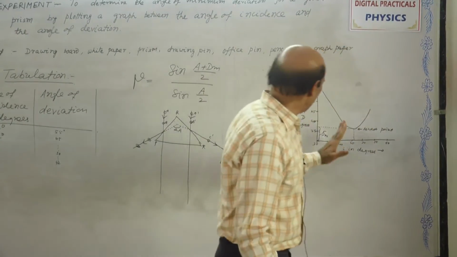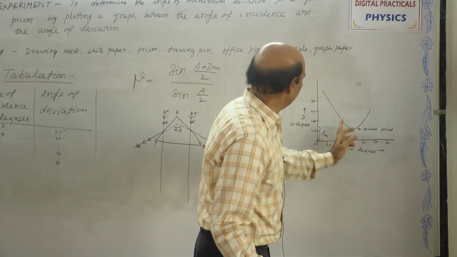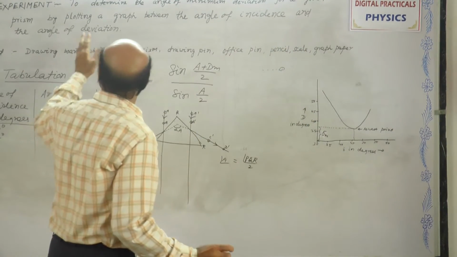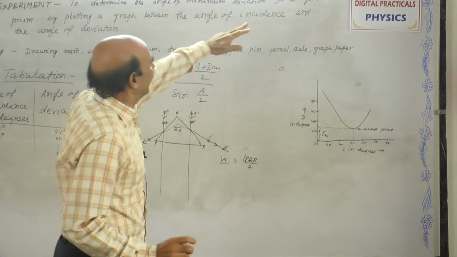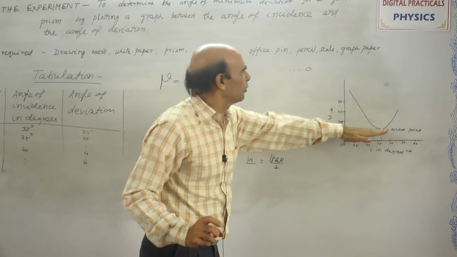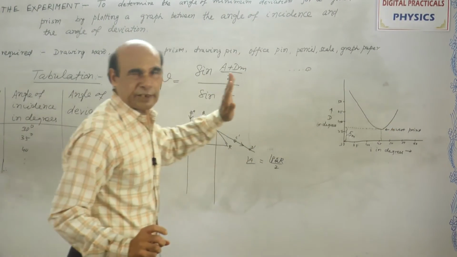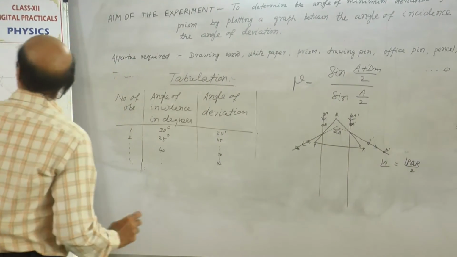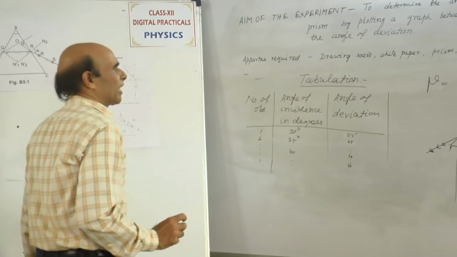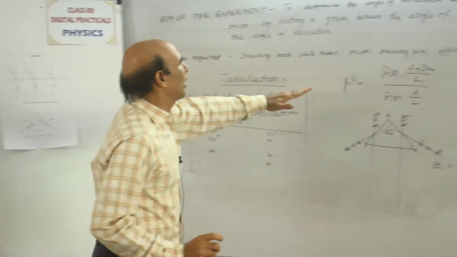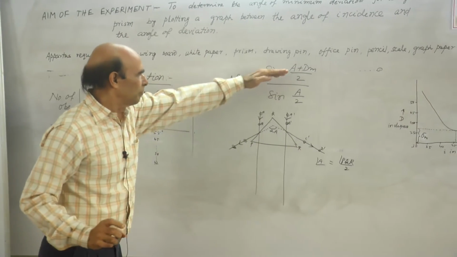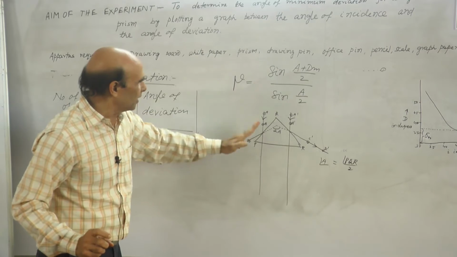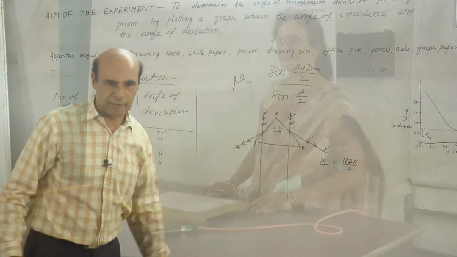And from the graph also, you can write the value of dm. So in that question, if it asks for the angle of minimum deviation, then you will do this up to this. But if the question asks to find the refractive index of the material of the given prism, then you will have to go further, writing mu equal to this formula.